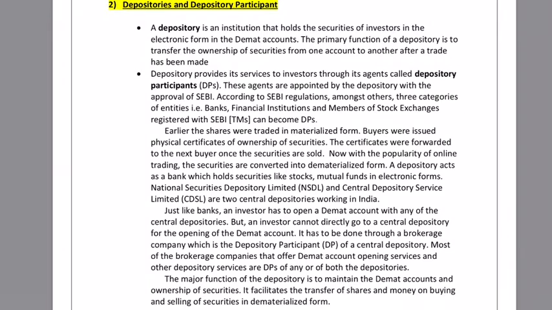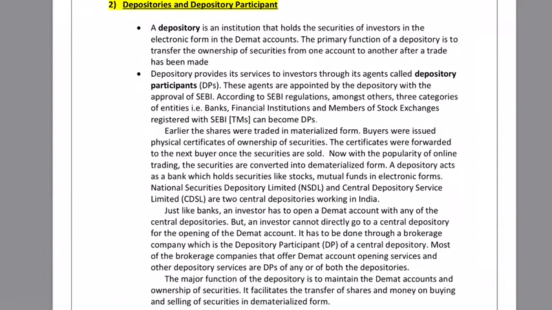In fact, what used to happen earlier was that shares were traded in materialized form, that is, hard copies of shares used to be exchanged between buyers and sellers. Now, with the popularity of online trading, the securities are converted into electronic form. A depository acts as a bank which holds securities like stocks and mutual funds in electronic form.